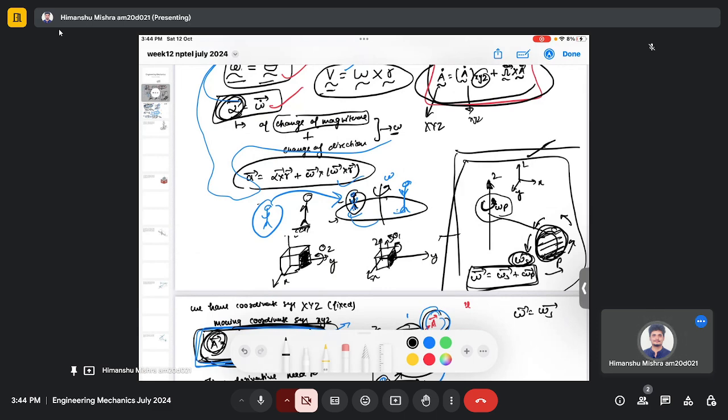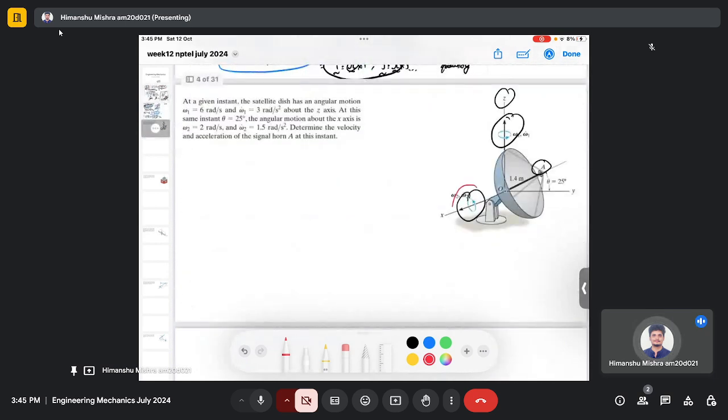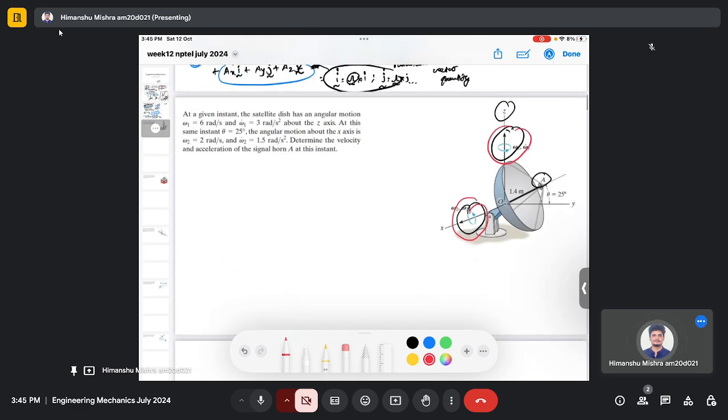It has both motions, like in the example we discussed shortly. First there is an angular motion of this along the x-axis, then there is an angular motion about the z-axis. And we need to determine the motion, like velocity and acceleration, of point A.